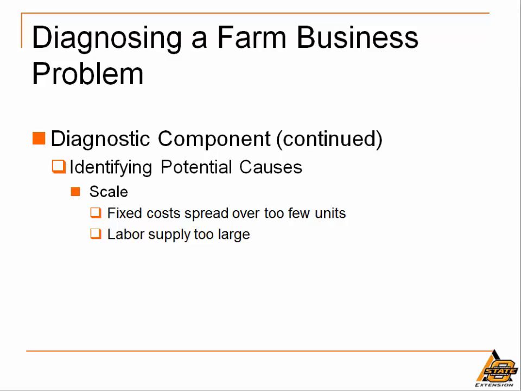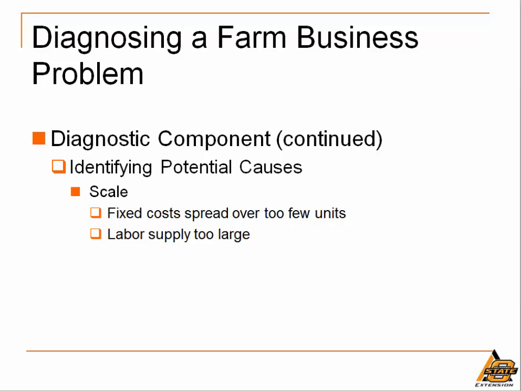It's hard to put an exact number on the size that is needed because every situation is different. However, for most commodity crops grown in Oklahoma, like wheat, grain sorghum, etc., I think the evidence suggests that it would be very difficult to be a low-cost producer with less than at least a few hundred acres, and in some cases likely much more than that.